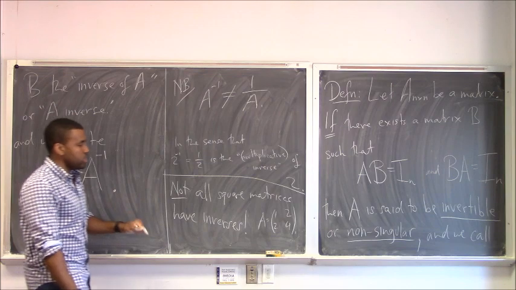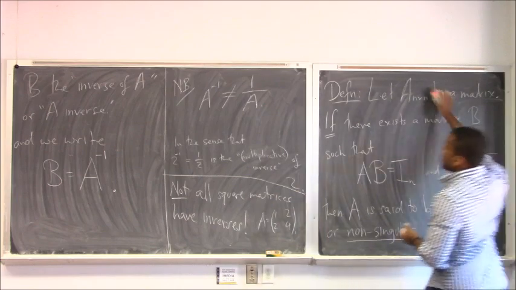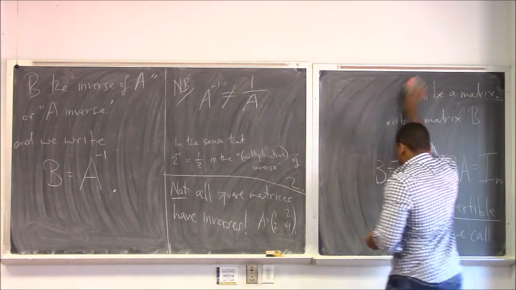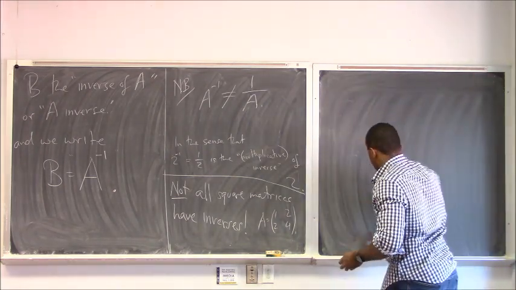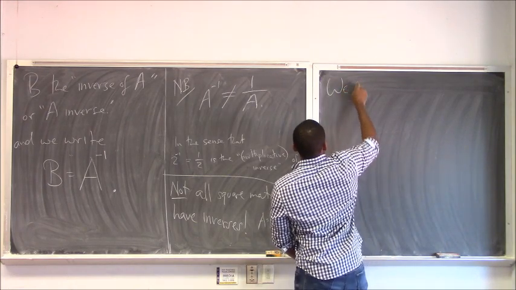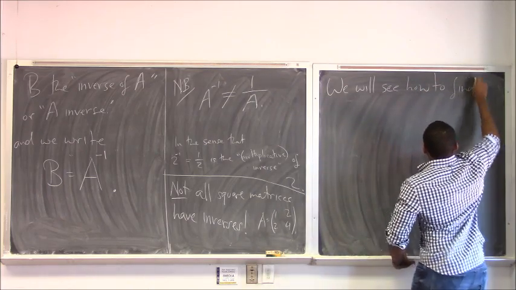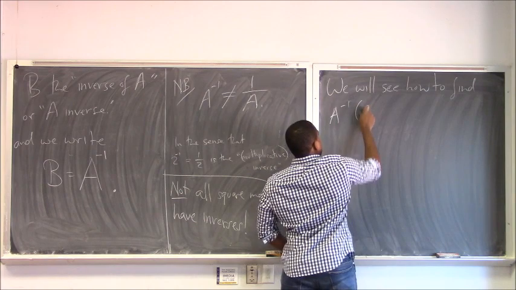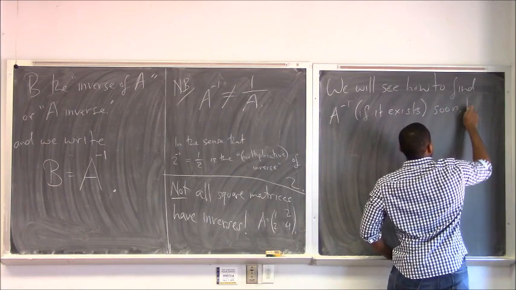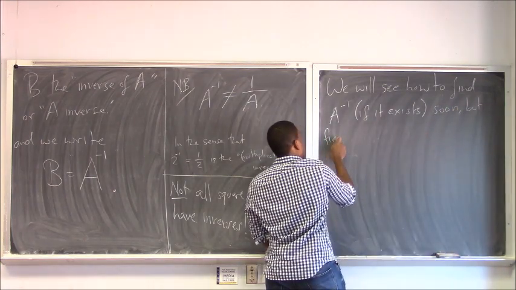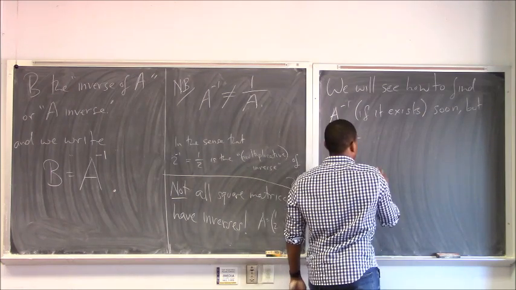So what I'm going to do is introduce a device that's going to allow us to compute inverses, and then we end there. We're going to look at things called elementary matrices.